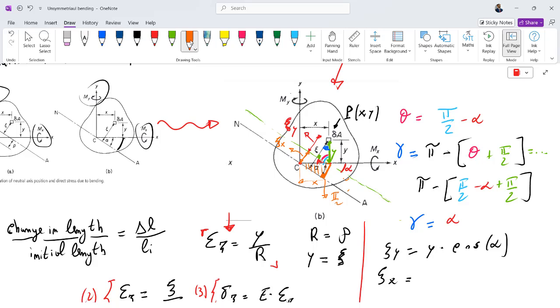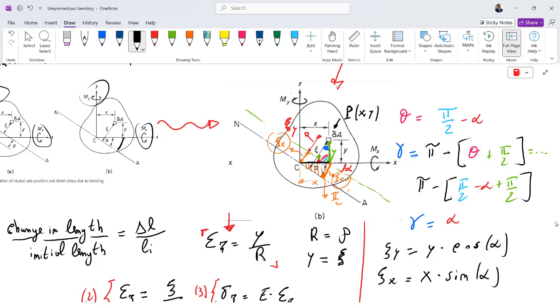The angle is alpha, so zeta x is equal to x times sine of alpha.